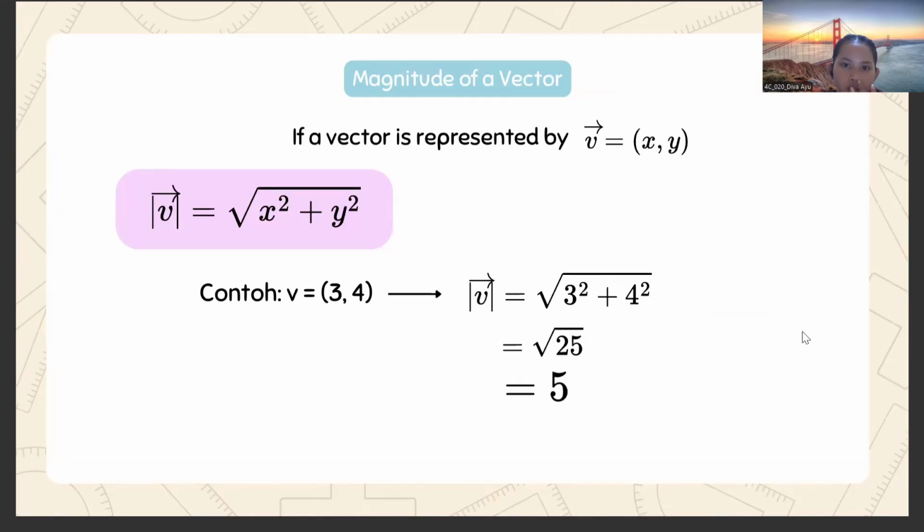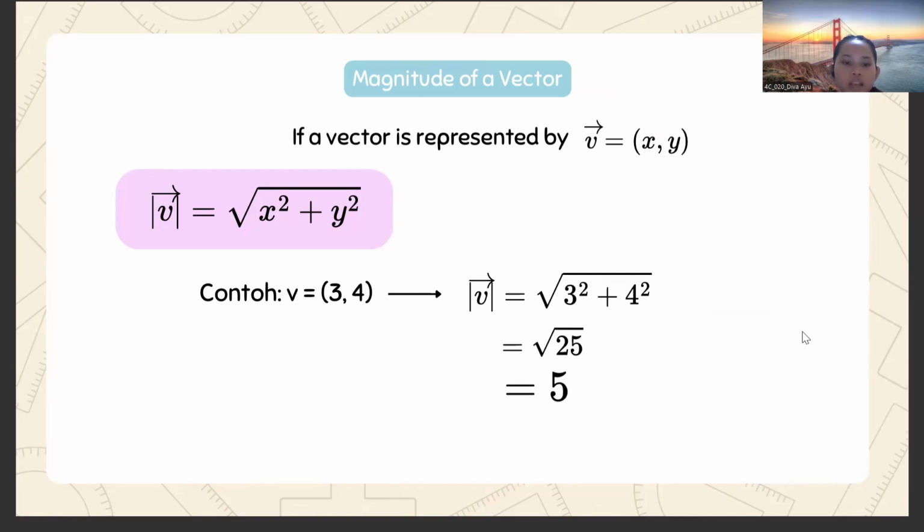Next is magnitude of a factor. Let's learn how to find the magnitude of a factor. The magnitude represents the length of the factor. For a factor with coordinates x, y, we use the Pythagoras theorem to calculate its magnitude.